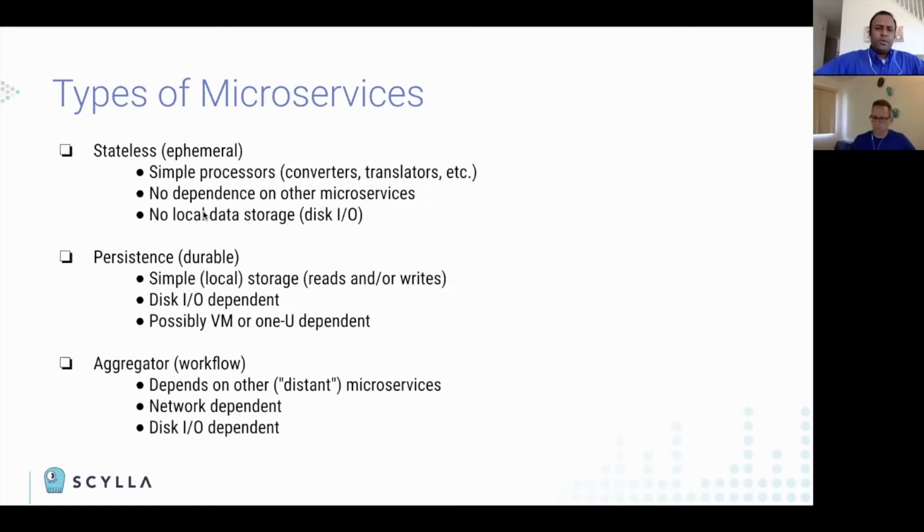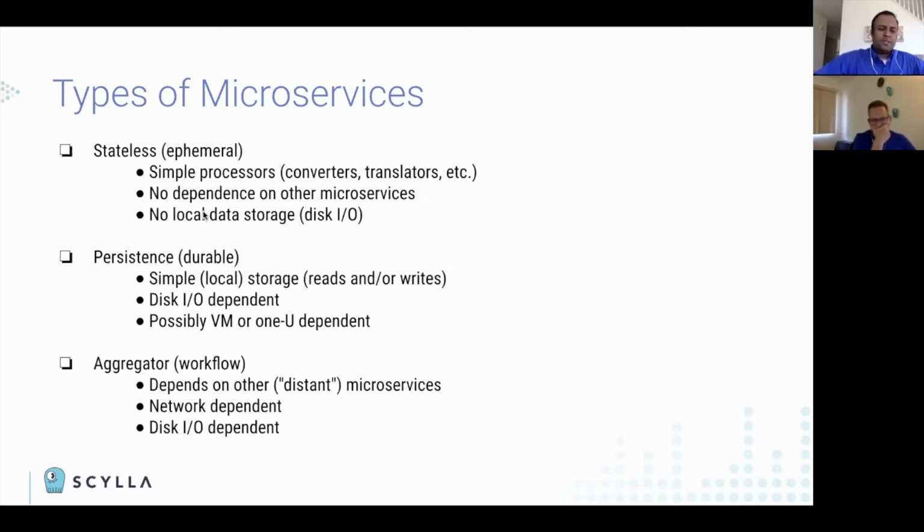And also there's no local data storage or disk IO which is needed for it. So since there's no shared state, they are easy to replace and very easy to scale up and scale out. Those kinds of microservices are stateless typically. And the next type of microservices is persistence.